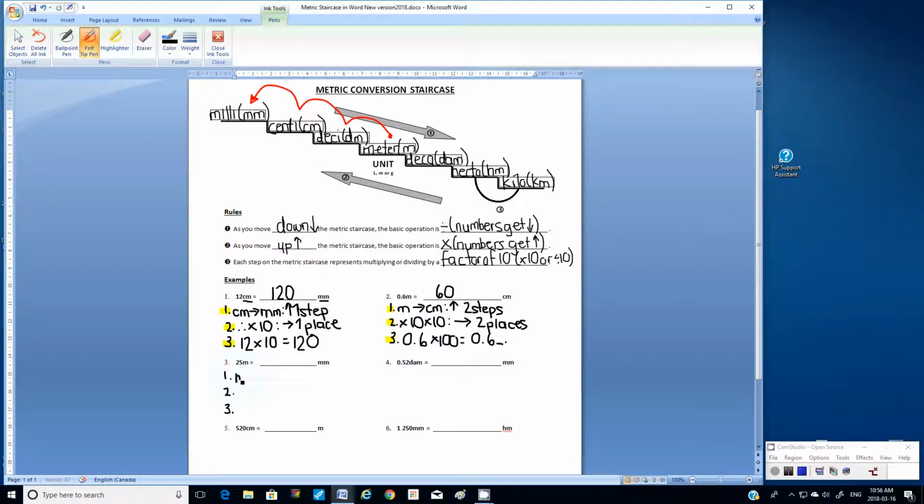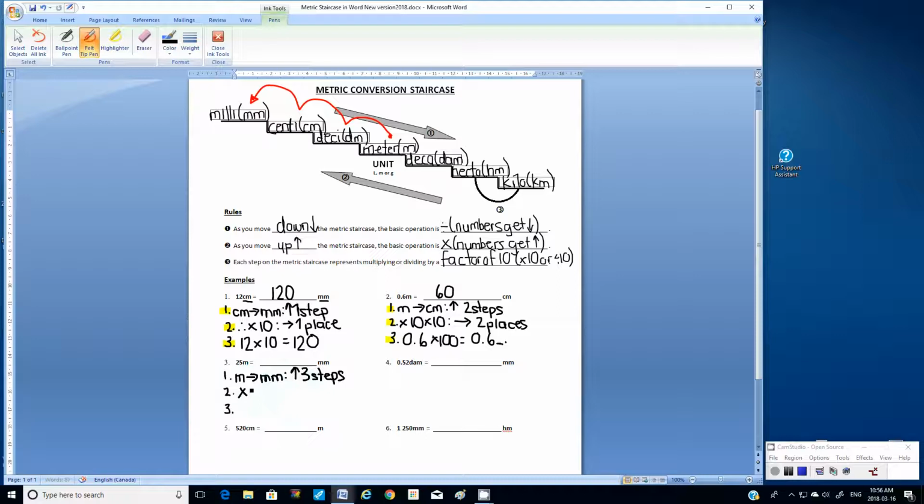So when we go from meters to millimeters, what does that mean? It means we went up. How many steps? 3 steps. Okay? So what does that mean in terms of rule 2 and 3? Well, as you move up, we know that it's going to be multiplying. And every step represents a factor of 10.